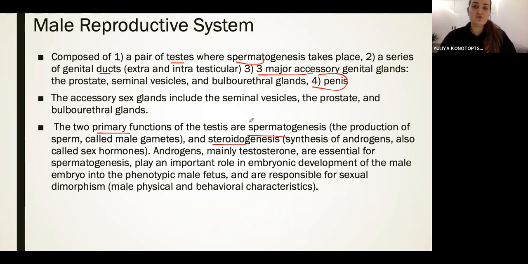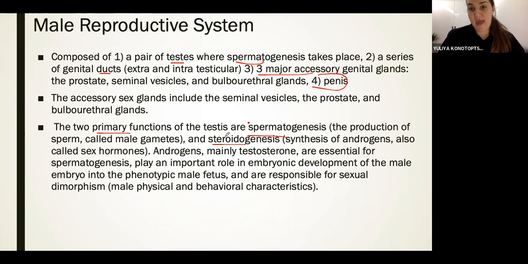It will be spermatogenesis only. Only spermatogenesis function will be impaired if the testes do not descend. So for making testosterone, the temperature really does not matter. Steroidogenesis could be happening at the normal body temperature.